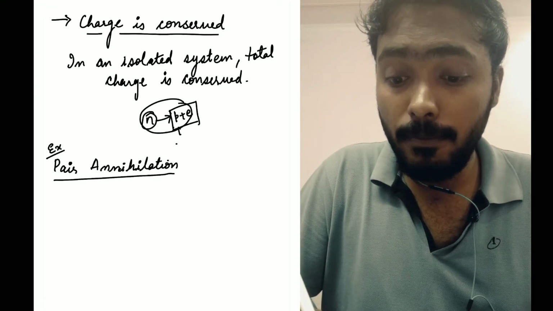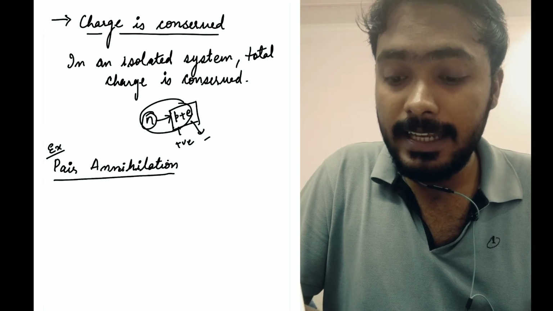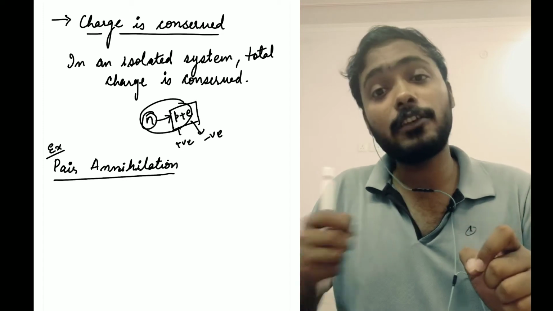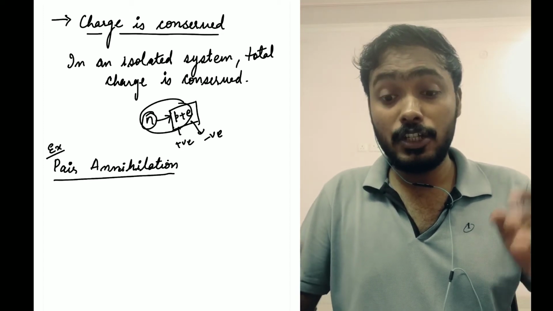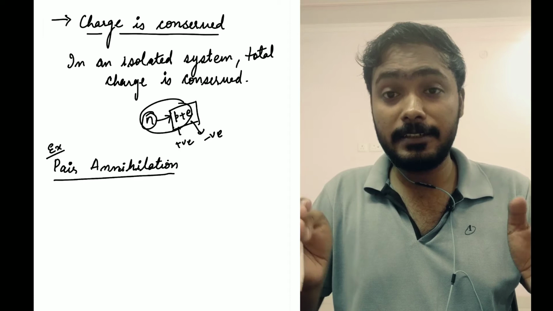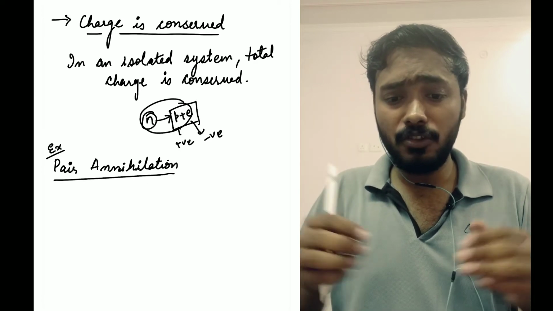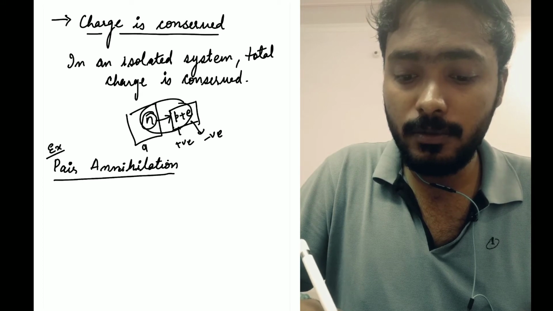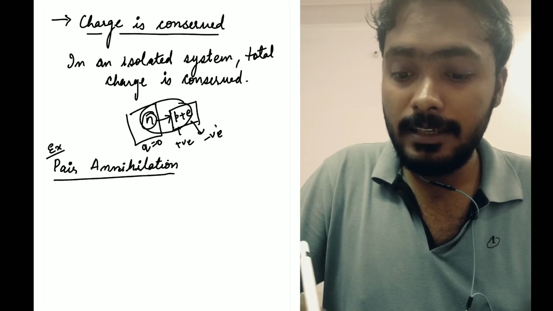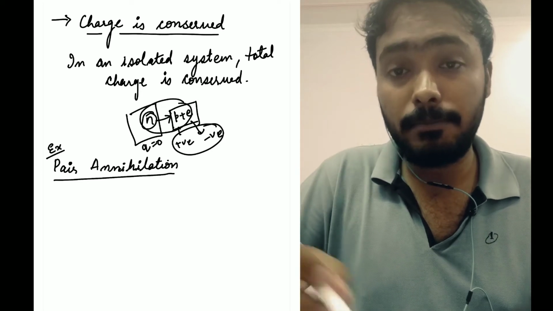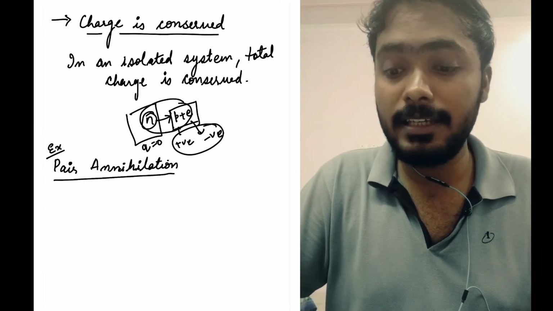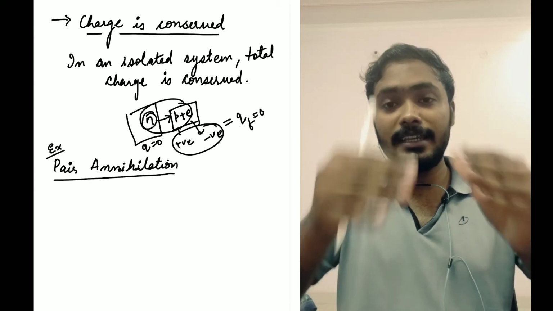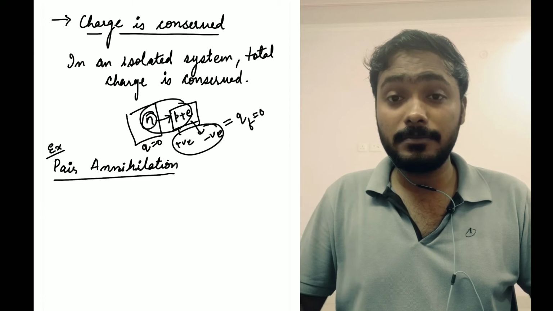Proton has positive charge and electron has negative charge. Lucky for us, proton has plus e and electron has minus e. So the total charge of the neutron was 0. Here, if I calculate the total charge, plus e minus e, this will come out to be 0. So in that system the charge is conserved, right?